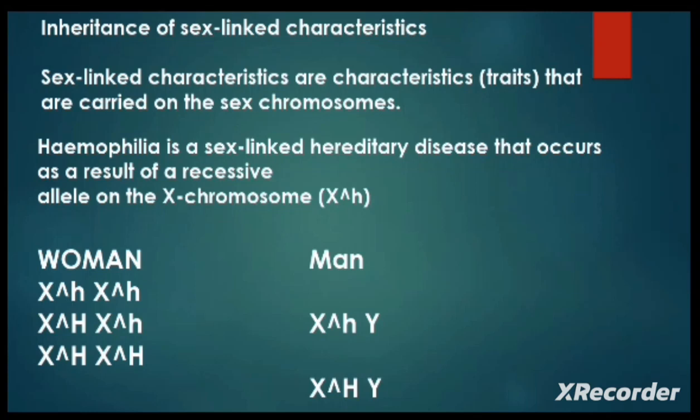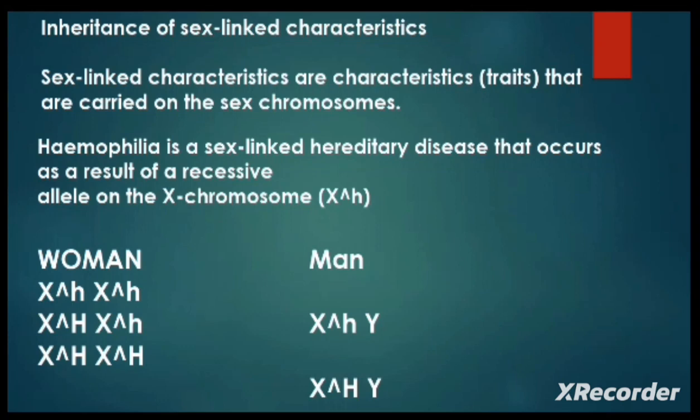A man who doesn't have this disease, because it is caused by a recessive allele, will have sex chromosomes which are X exponent capital letter H and then Y. The capital letter H shows that the man does not have the disease. He does not have the recessive allele h.